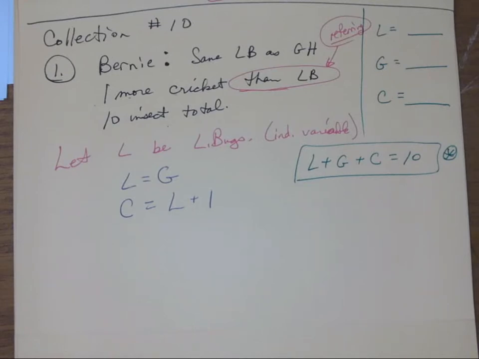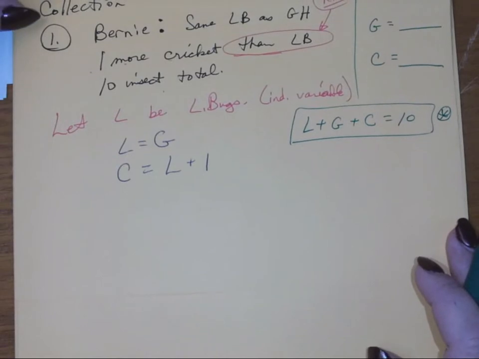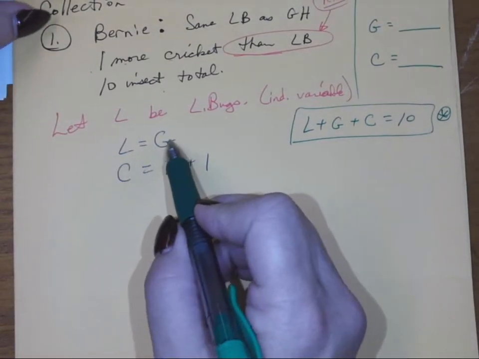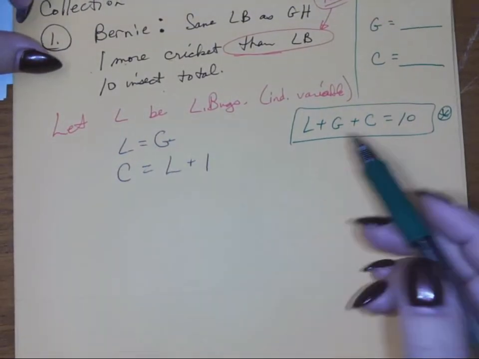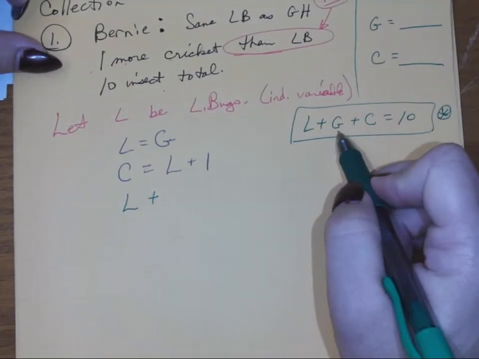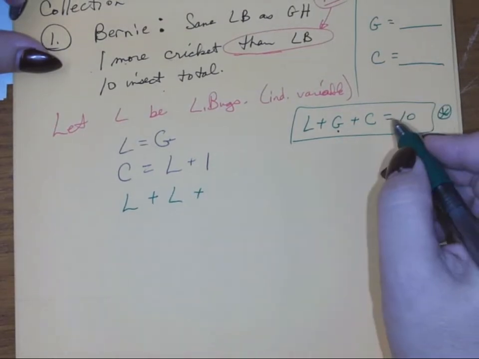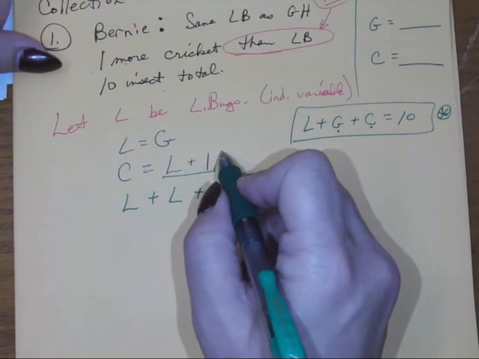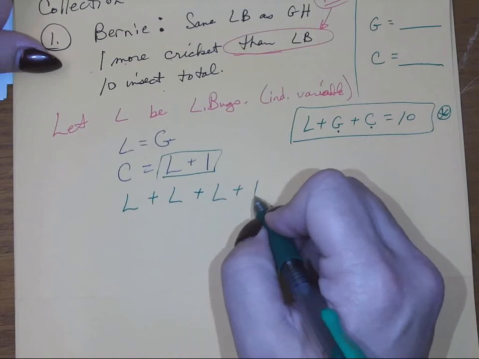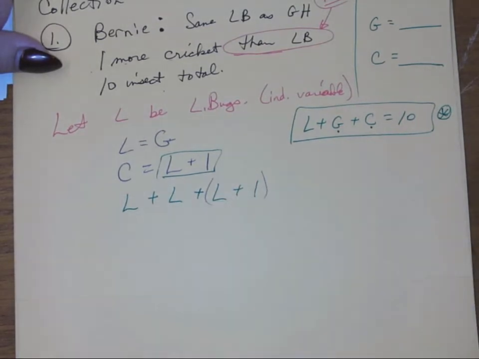So as I look at that, I say, okay, L plus G plus C equals 10. The trick is what? The L and the G are the same thing. So if I'm using L as my unknown here, then I've got L plus, and instead of G, I'm going to write L, right? Plus, and instead of C, I'm going to write L plus 1, right? Okay, and if you want to, you can always put that in parentheses.